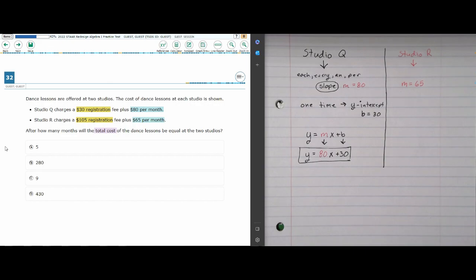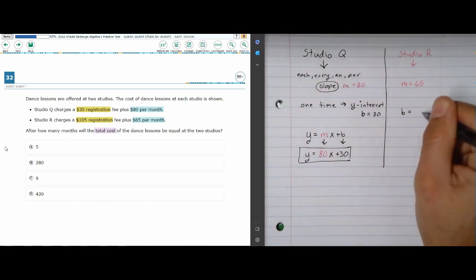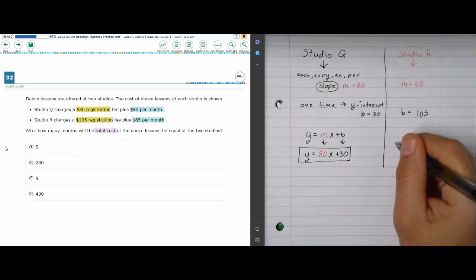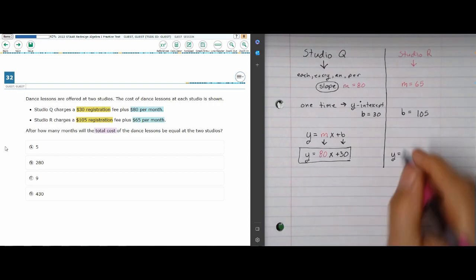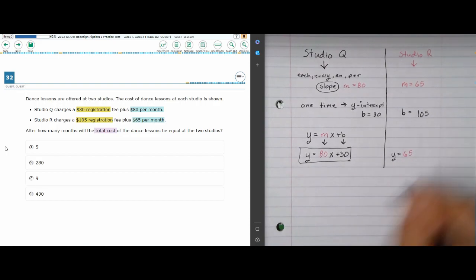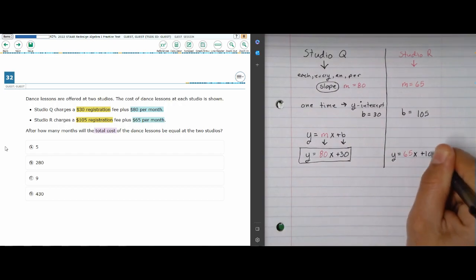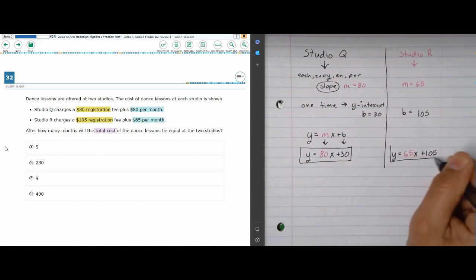And then it says it has a $105 registration fee. So that's my b value, $105. So when I write my equation, it's going to be y is equal to 65x plus 105. So there's our second equation.